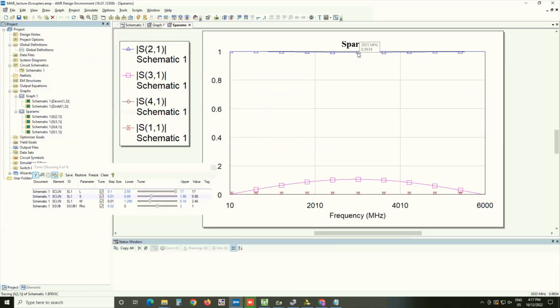Now see the through one, it's about 0.99. The coupling is 0.1, as designed, slightly larger. Remember the V2 over V0 was square root of 1 minus C squared. And these other ports are effectively 0, which is what we wanted. It works over a reasonable range of frequencies around the design frequency.